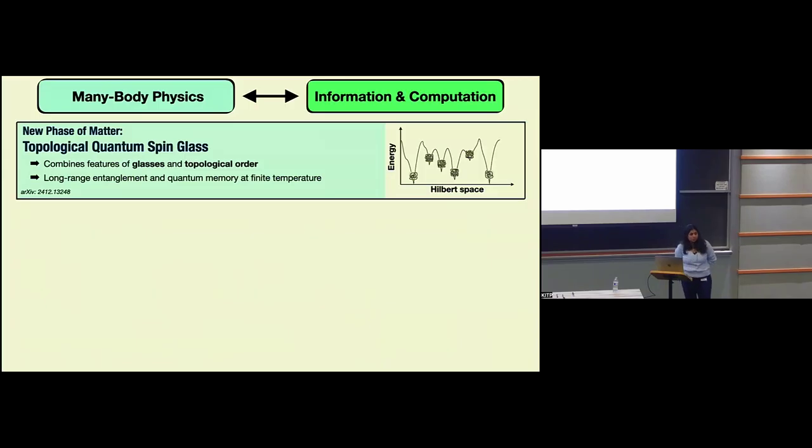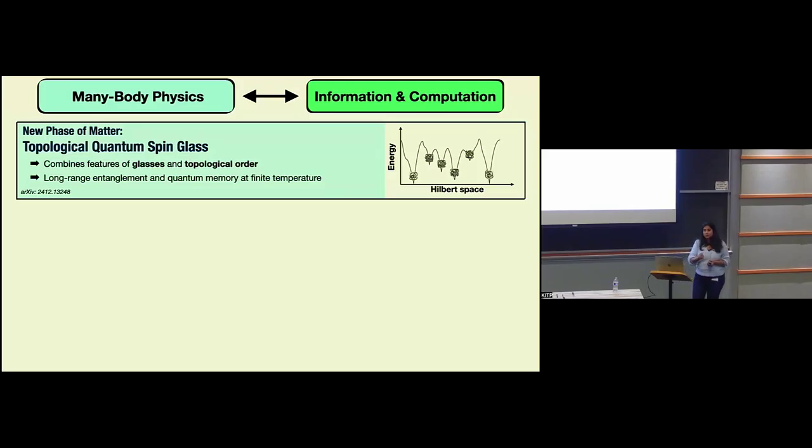In particular, the model has robust long-range entanglement and quantum memory at finite temperatures, but this exists within a complex free energy landscape with many global and local minima separated by extensive barriers, and this type of landscape underlies a lot of the physics of this phase. Okay, so already from a many-body physics perspective, these codes have revealed an interesting new phase of matter.